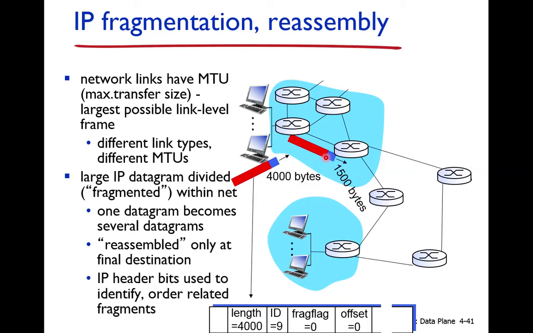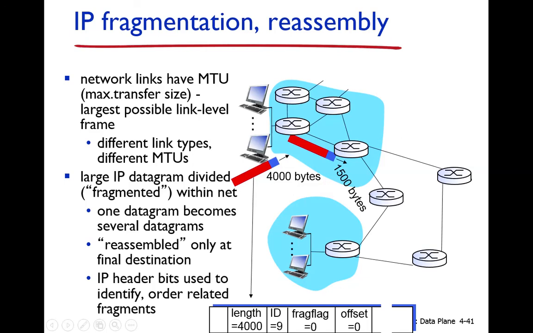So this packet will be divided into 1500 byte packets, into fragments. This is called dividing a large IP datagram into fragments. So one datagram becomes several datagrams, many datagrams of up to 1500 bytes.